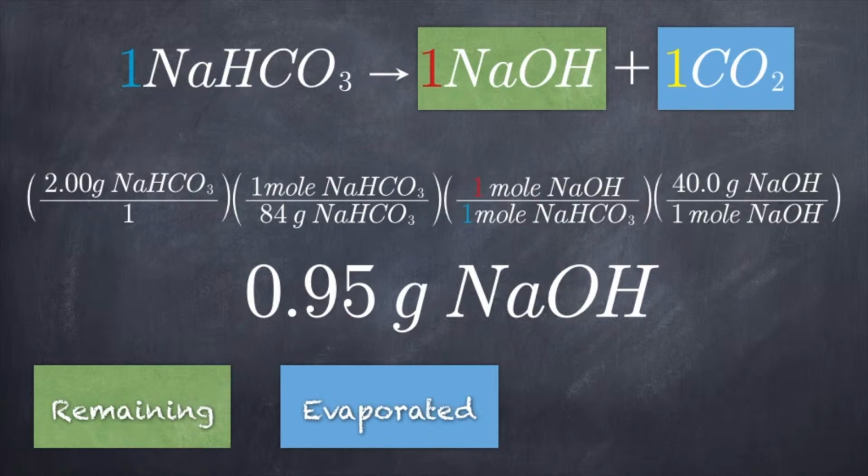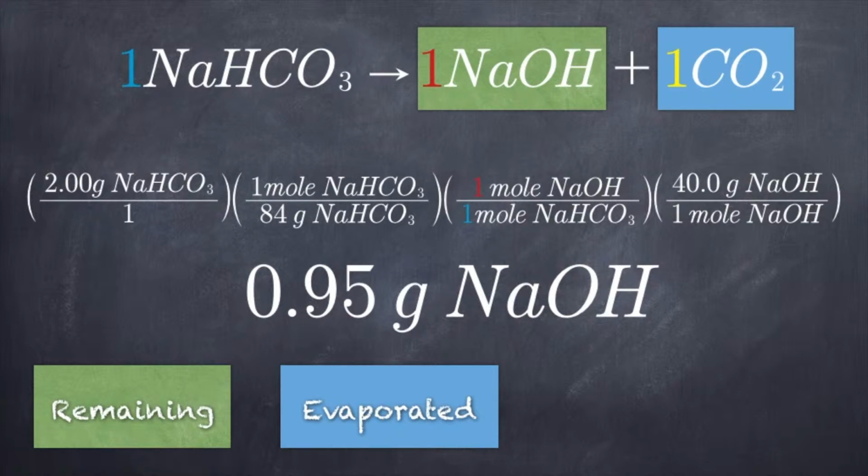Now you'll notice that there's a coloration key at the very bottom of the screen. The green means remaining, and the blue means evaporated. Now the CO2 in this sample should have evaporated from our sample, so we should have lost mass, and the CO2 should have floated away, and the remaining amount should have stayed there.